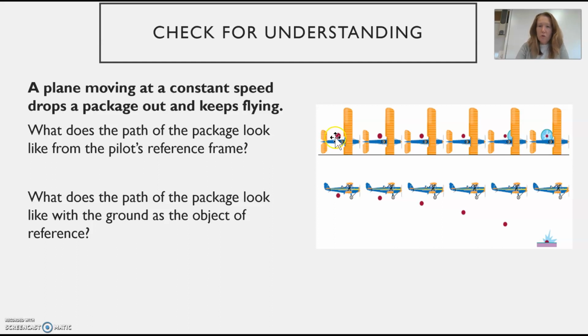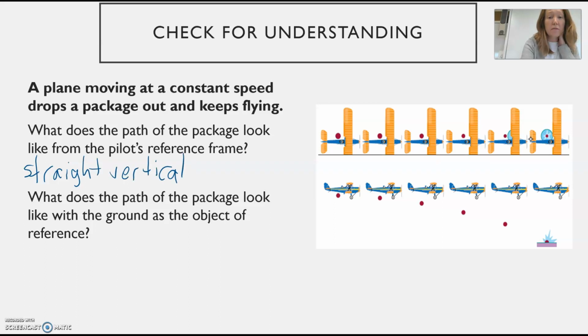You can see this red circle is supposed to represent the package, and it's splashing down into some water. So it looks like straight vertical motion to the pilot.